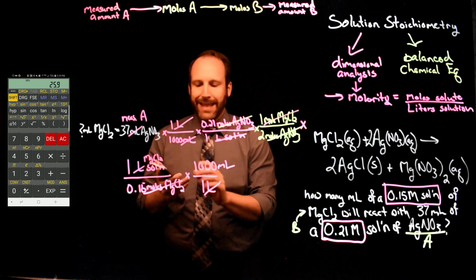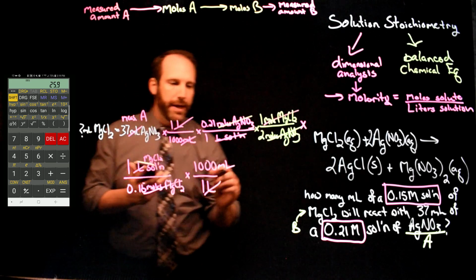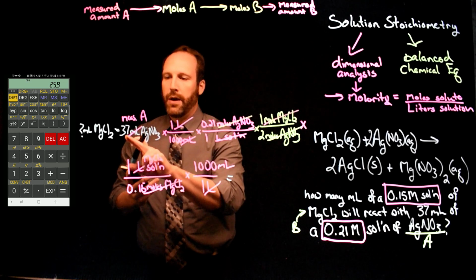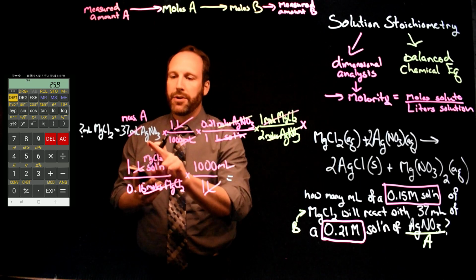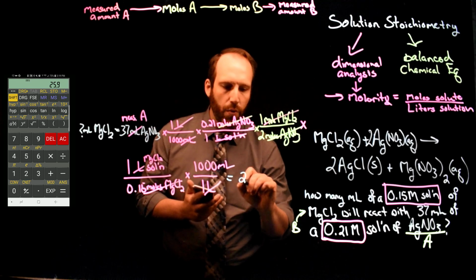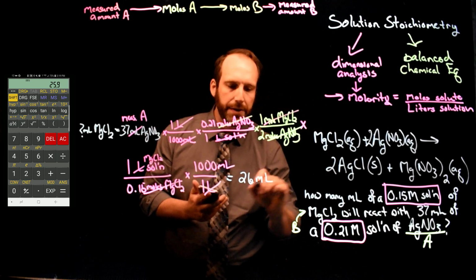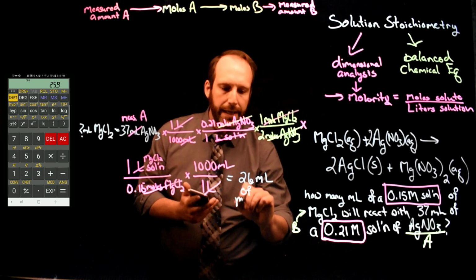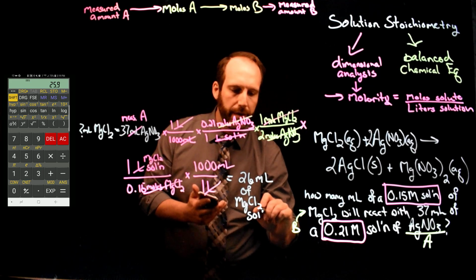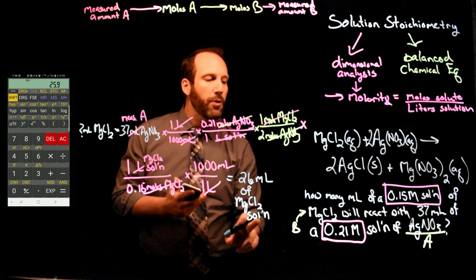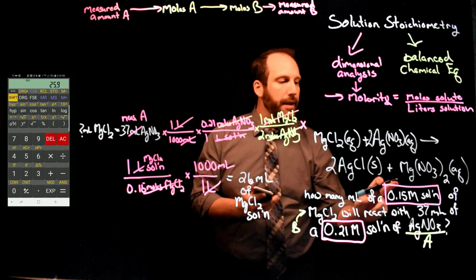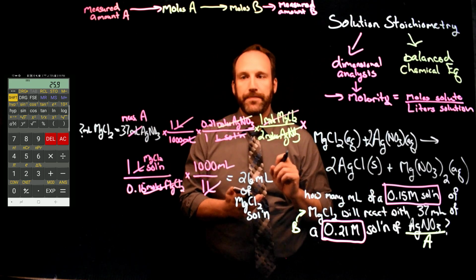And so in the end, what I end up with is that in order to react 37 milliliters of silver nitrate, it will take, I'm going to just say, 26 milliliters of magnesium chloride solution. And it's magnesium chloride solution that has a molarity of 0.15 molar.